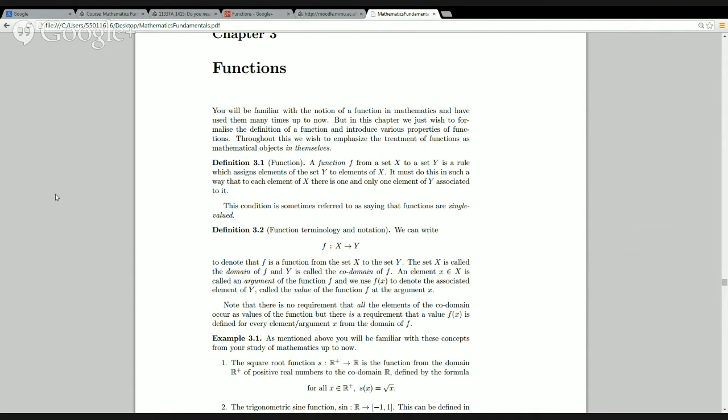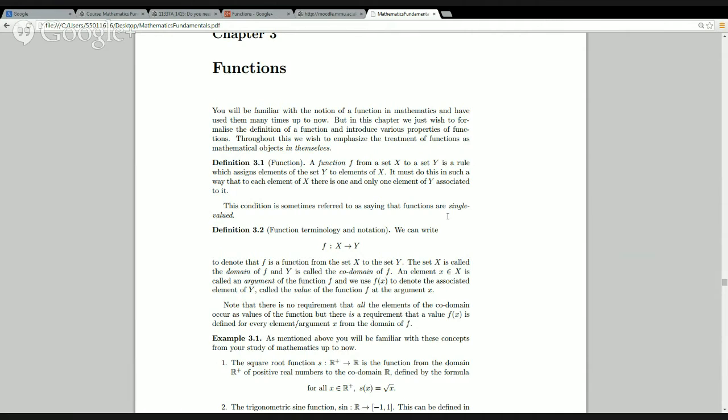So in a lot of parts of mathematics, functions or mappings between different sets are the primary object of study. So it's important to have agreed terminology and be able to talk precisely about these.